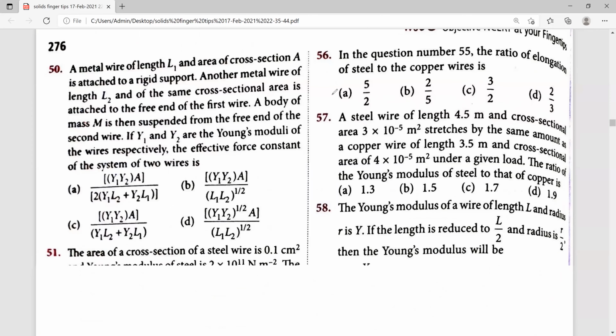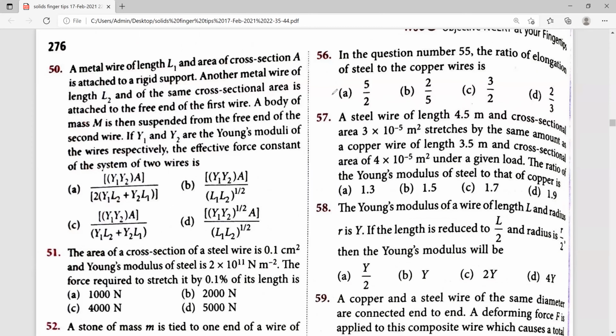Next, the 56th one. In question number 55, the ratio of elongation of steel to the copper wire is what we calculated before. We are taking the help of the 55th question in order to solve 56.